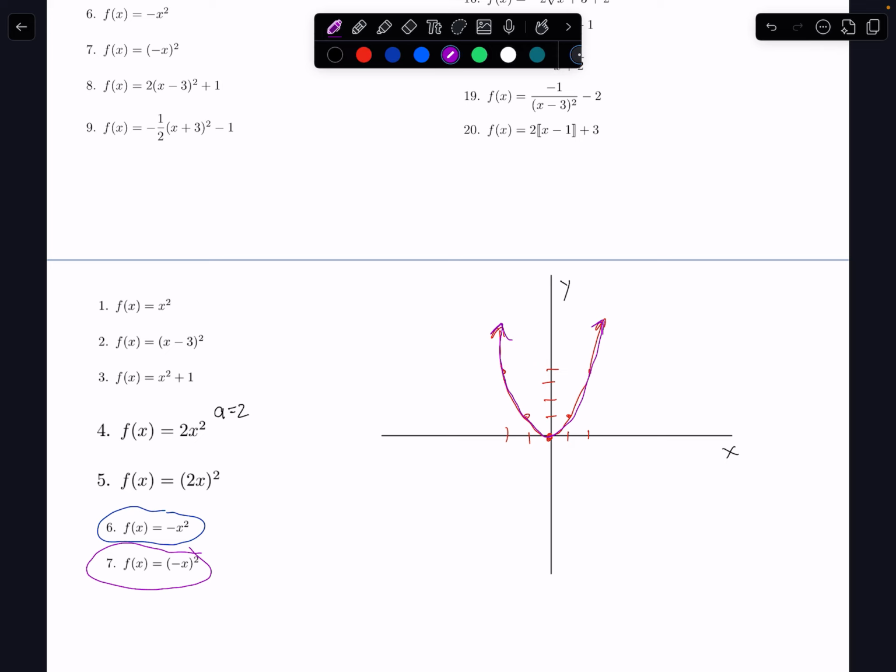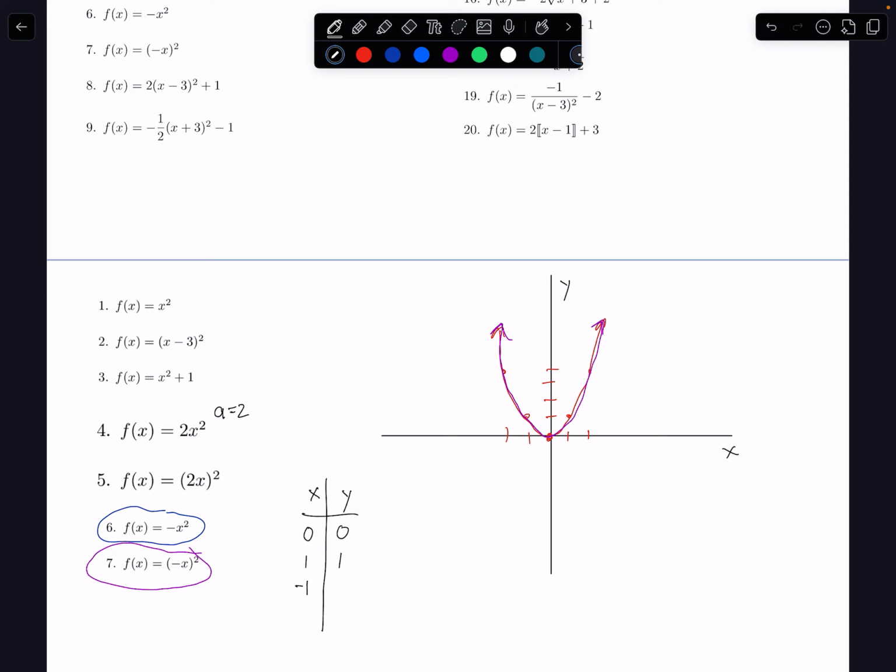Now, if you're not convinced, you can always just make a little table. I'm going to focus on number 7 here. And you notice I'm not always doing tables, but just to illustrate it. If you're stuck or it doesn't make sense to you, always go back and resort to making a table. If I plug in 0, negative 0 is 0. Square it, still 0. If I plug in 1, negative 1 squared, still positive 1.